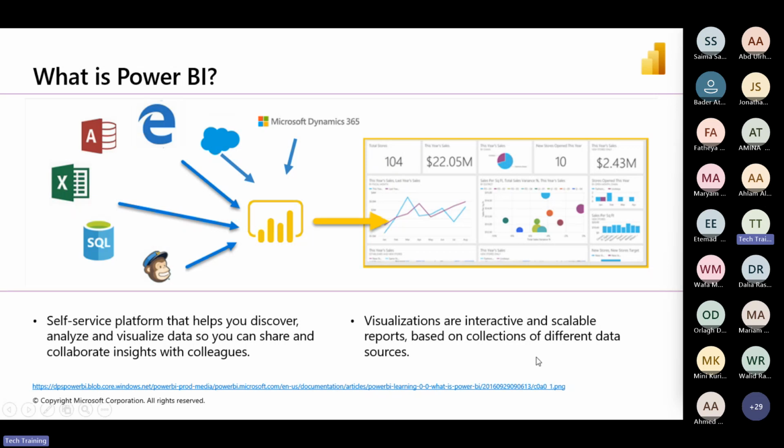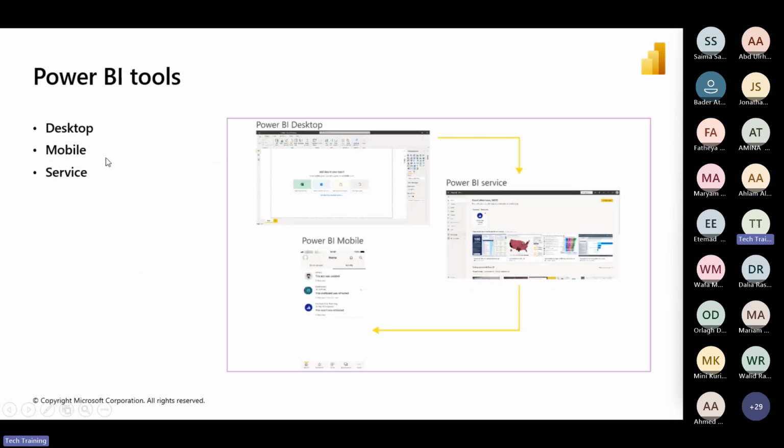How can I do that? I can do that in two ways. I can use the Power BI Desktop or Power BI Mobile or Power BI Service. The desktop one is a version that I can download and install on my computer. The mobile one is also installed through the store.